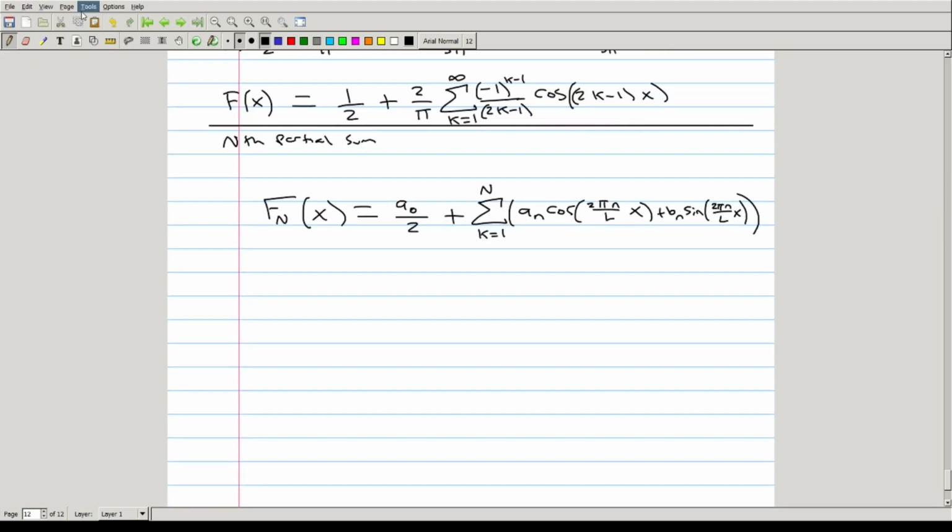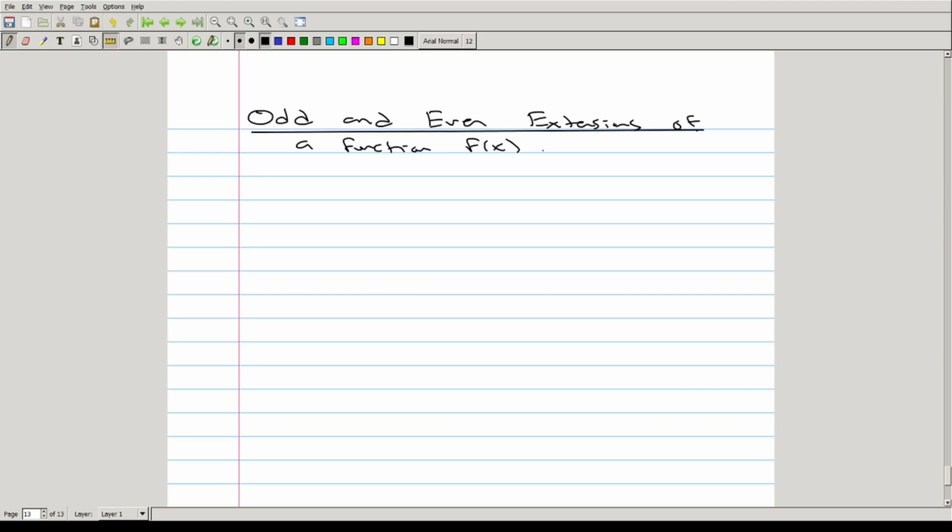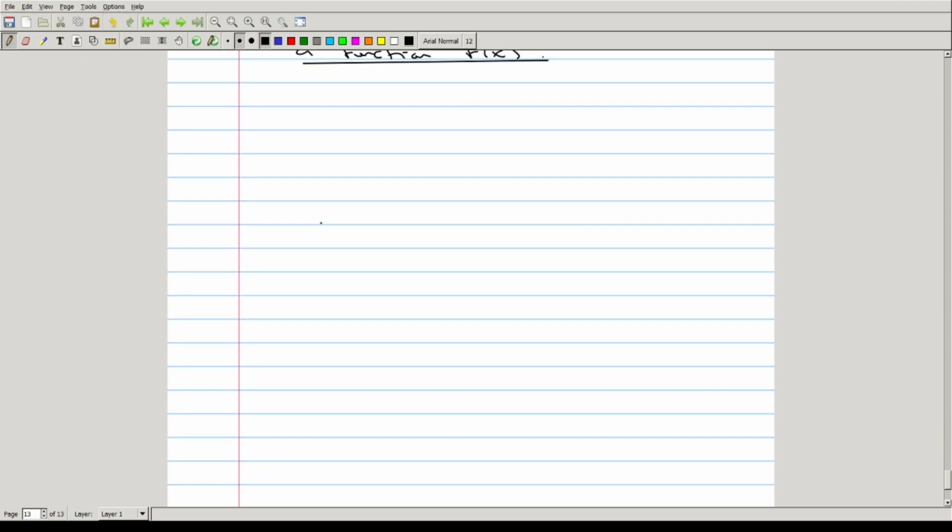So the next topic that I want to talk about is called odd and even extensions of a function. And this is for if we have a function defined on just a positive interval from, say, 0 to c.